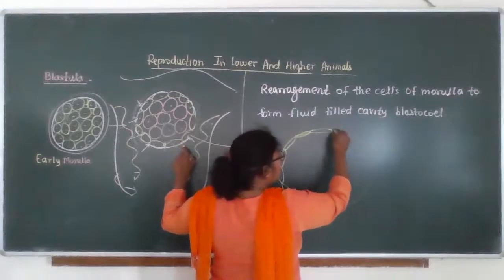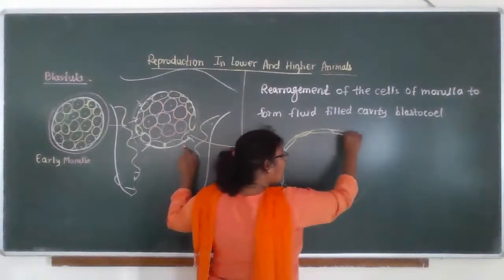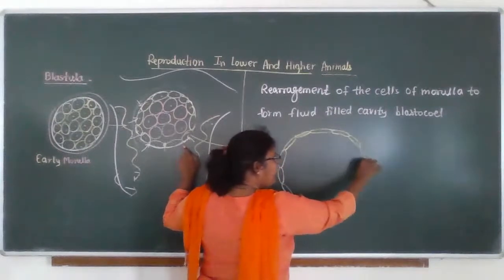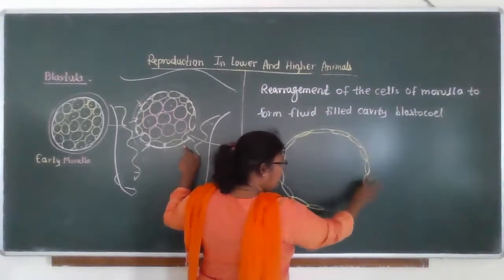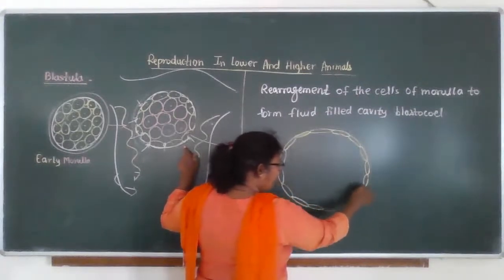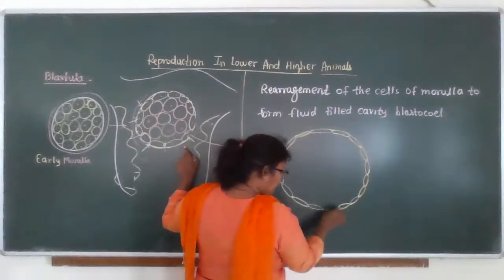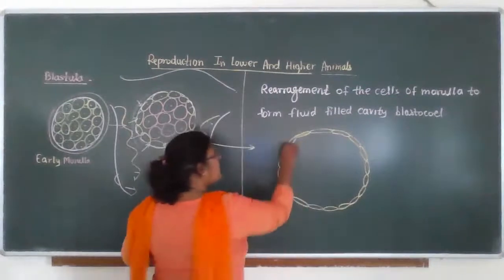When the fluid gets filled inside, they get straightened and arranged at the periphery. So these are the outer layer cells.